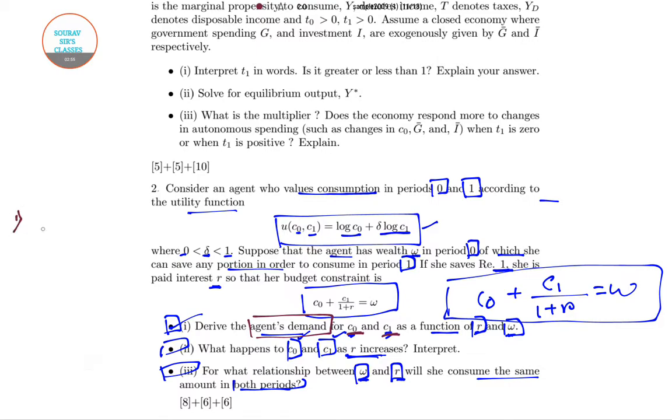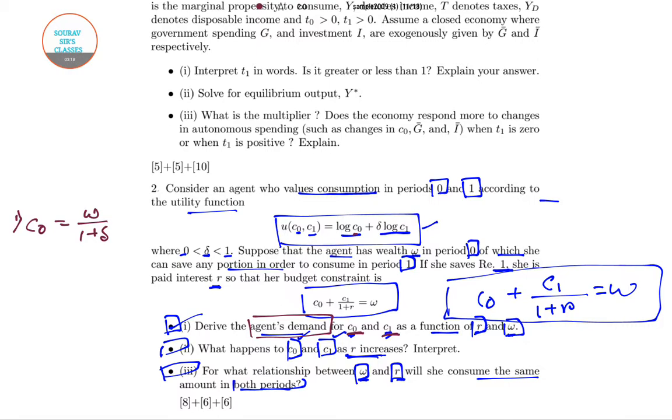The agent's demand function for C0 will be what?